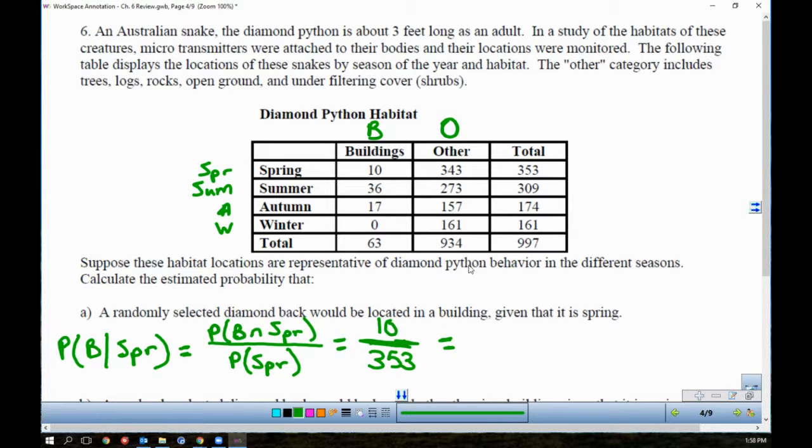So then, to 4 decimal places, what is that approximately? 0.02. What's that? 0.0286. 0.0283. Okay, so that's part A.